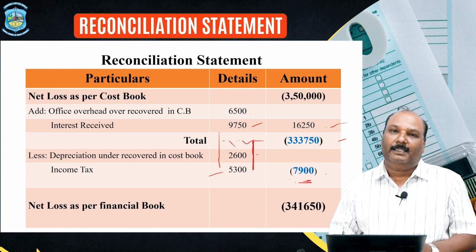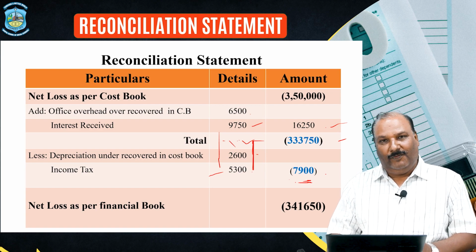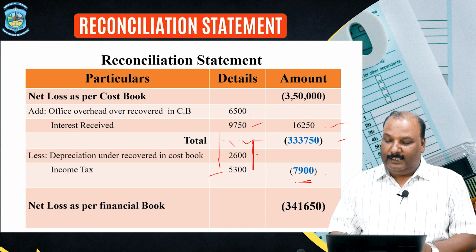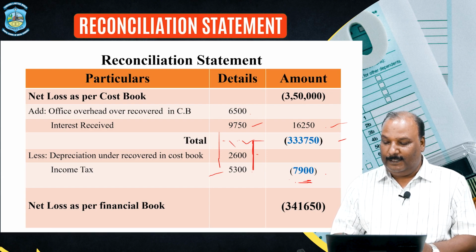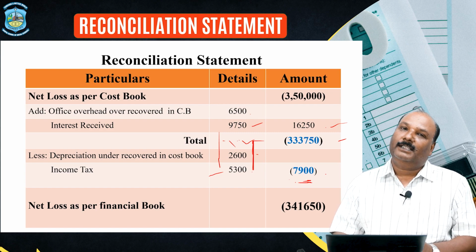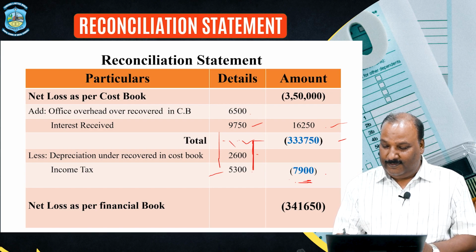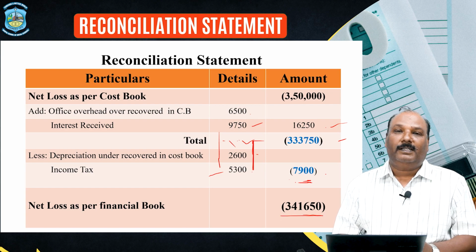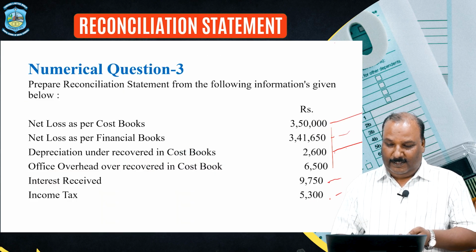So 3,33,750 rupees, which is negative, and 7,900, which is also negative, minus minus plus, the total will be 3,41,650 rupees, that is the negative value, meaning loss as per the financial book. This is the answer to this question.